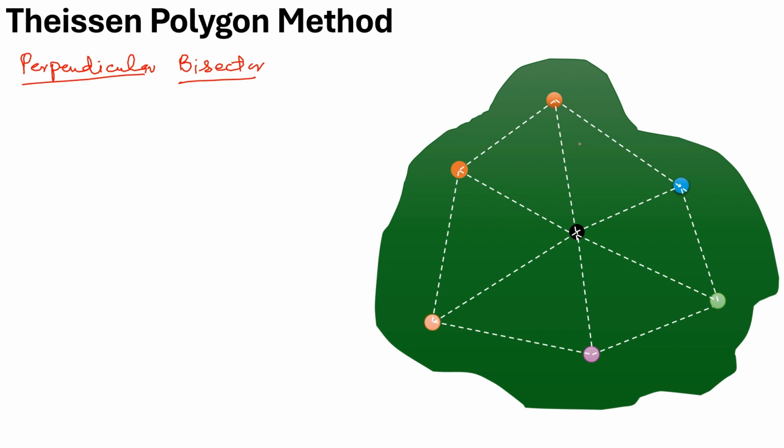Let us say you are drawing a perpendicular bisector of this line. You will simply put a scale from this point to this point, and mark the half midway. Let us say this is the midpoint of this line. You will keep a protractor and indicate an angle of 90 degrees, and you will mark a line. This is the perpendicular bisector line, and you will do this for all the cases.